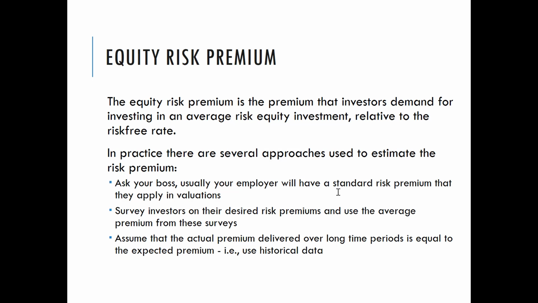Again, there are a few different approaches for how you can do this. I know some of you would have used Duff & Phelps, which is a research firm that does a lot of the hard work for you. What Duff & Phelps generally does is they go back about 100 years and observe the risk-free rate and the market returns, look at the difference over time, and figure out the average difference. That gives you the market premium from their perspective.